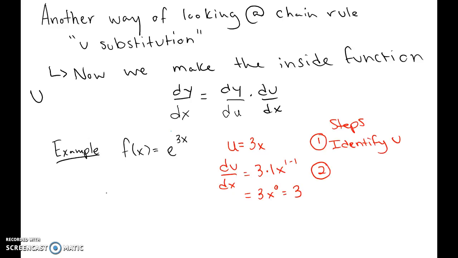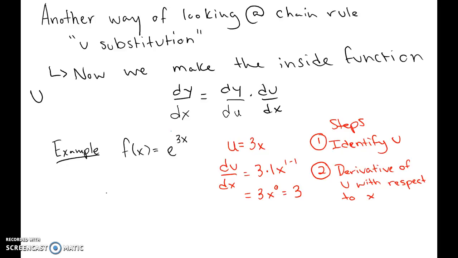So the second step is to take the derivative of u with respect to x. Once we've done that, we can see we've got the right hand side of our U-Substitution rule done.